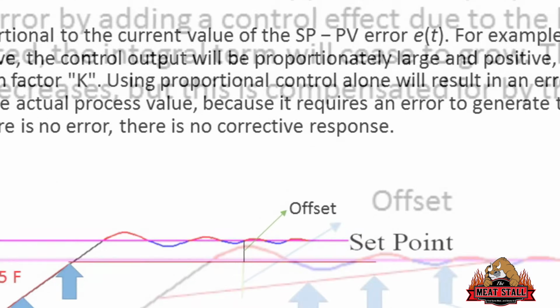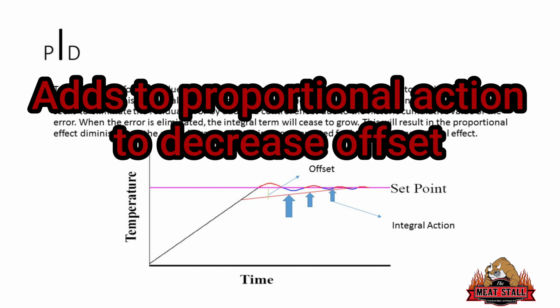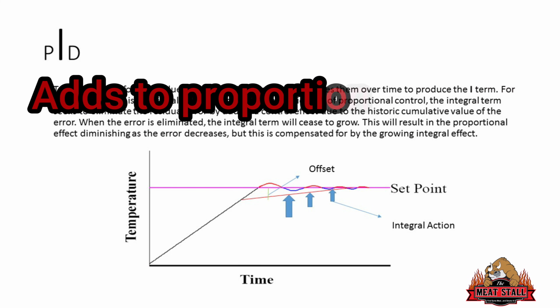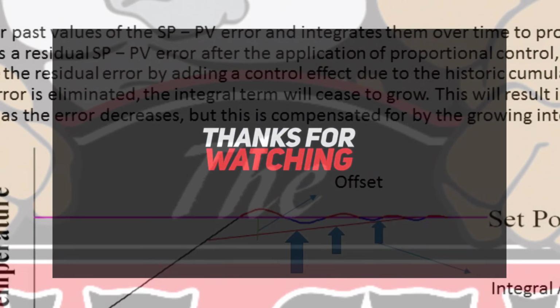And with integral, it notices that offset, and we're never going to actually be on the set point. So the integral action slowly just adds a little bit. It says, hey, let's get back up to set point. And then it waits a little bit, it adds a little bit more. Then it adds a little bit more until we slowly get to our set point.